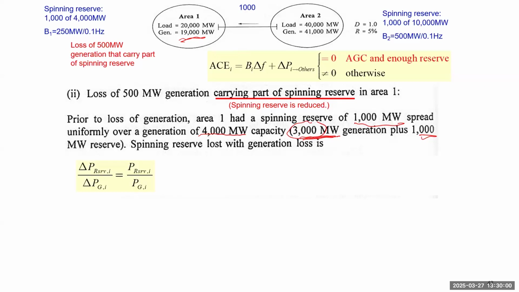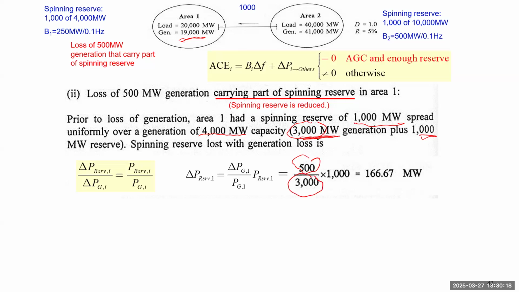We have the change in spinning reserve divided by the change in the generation. Based on this linear relationship, the change in the generation divided by the total generation in area 1 will tell you the factor of how much spinning reserve is lost, and then multiply by the total spinning reserve. We are going to lose this amount of spinning reserve.